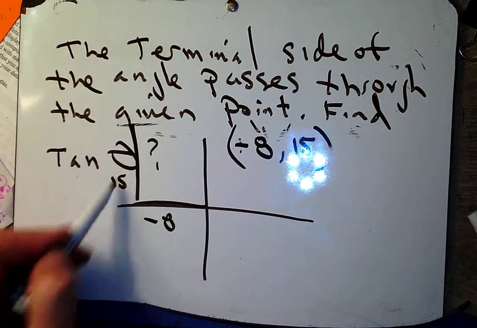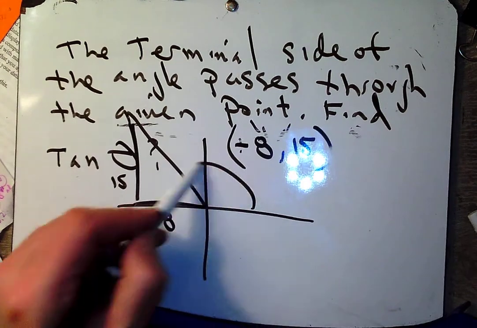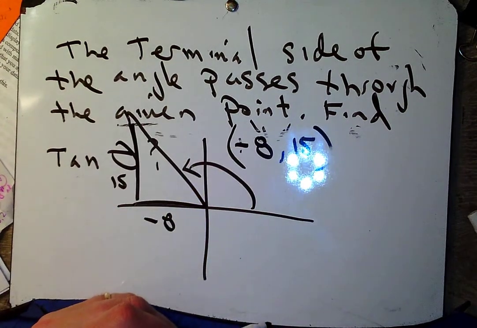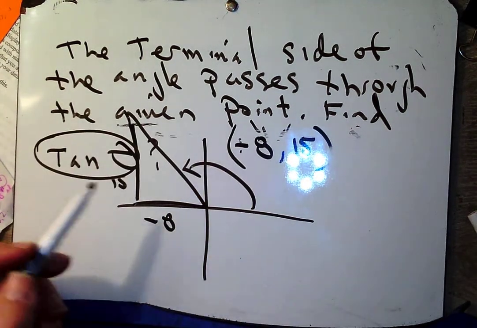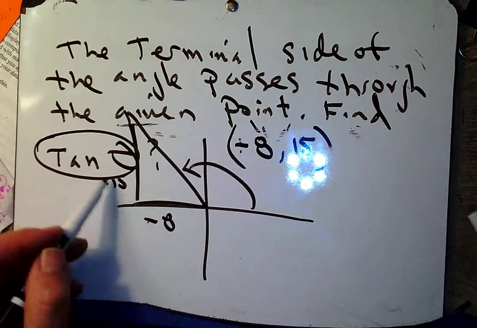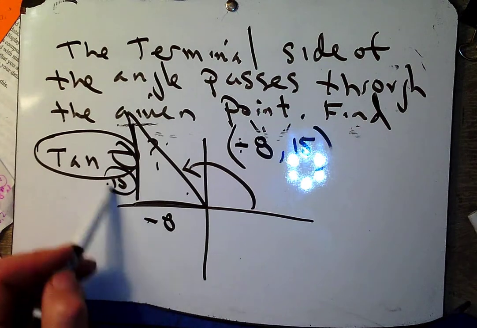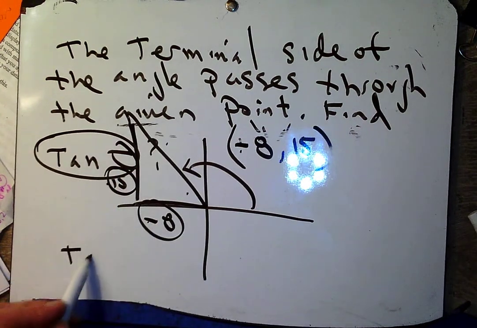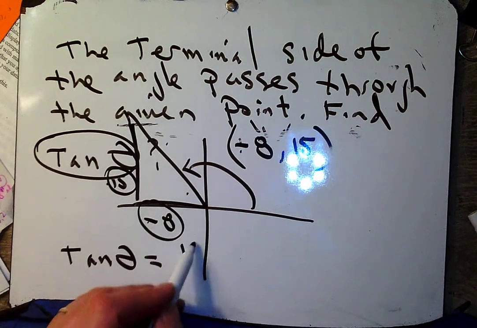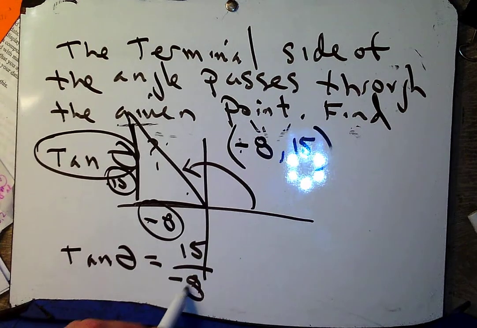Okay, the tangent is what here? Well, I don't have to find the hypotenuse because tangent is opposite over adjacent. Tangent theta equals 15 over negative 8. Ta-da! So, when in doubt, draw a triangle.